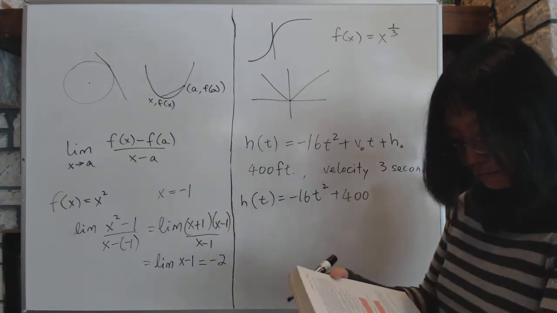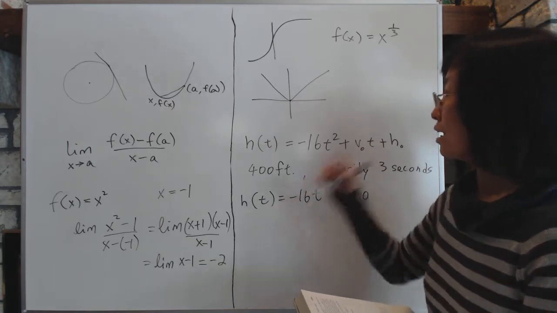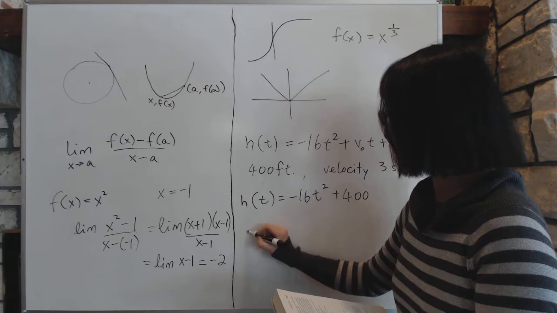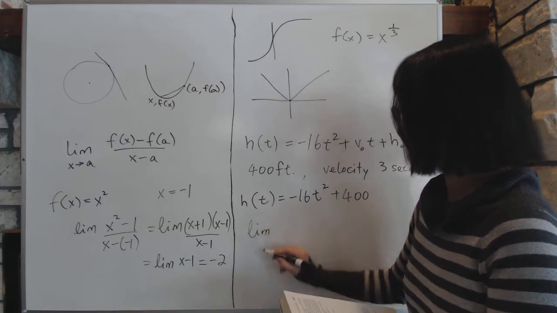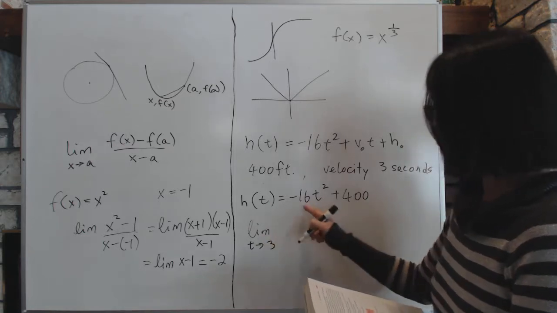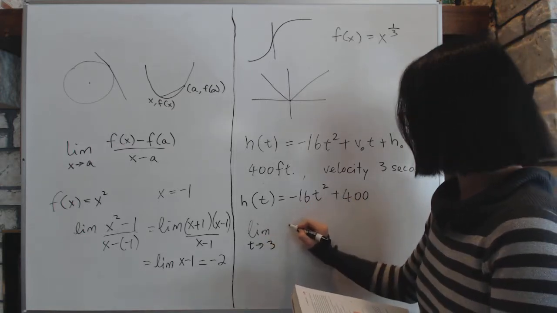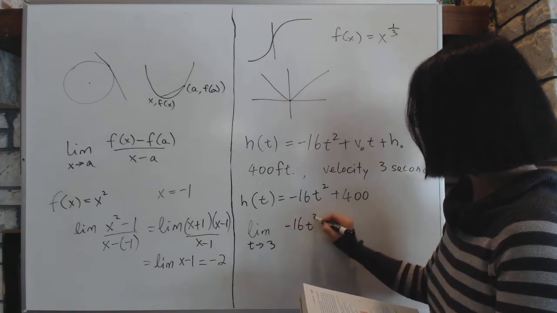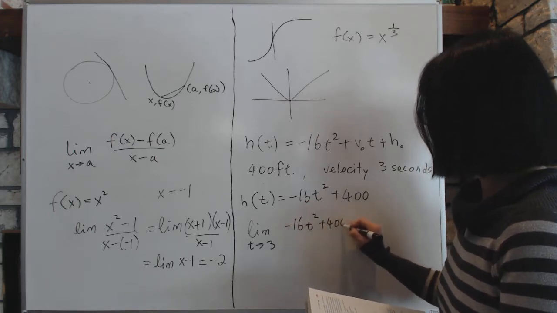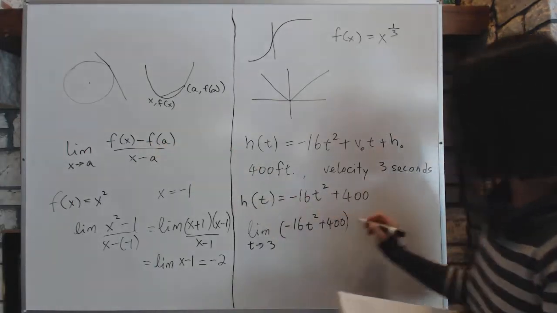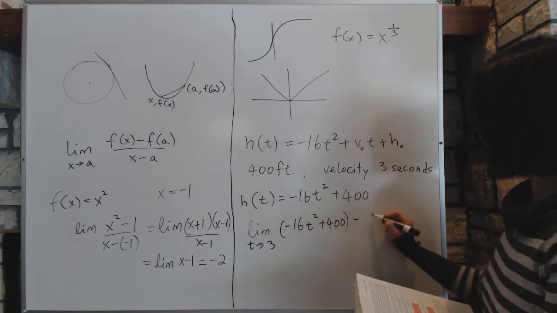So what happens when t equals 3? We calculate the limit as t goes to 3 of h of t, which we will just write down like this, that's the first term, minus the value at t equals 3.